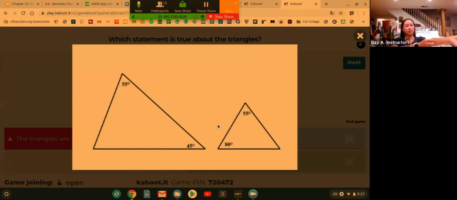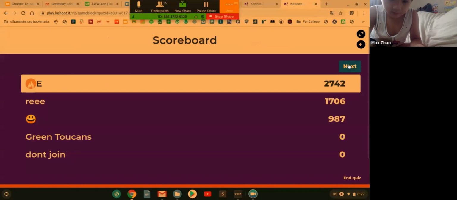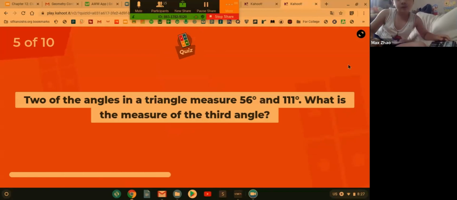However, if you look at the two triangles, you can see that the angles are the same, but the sides are completely different. So then the triangles would be 180 minus these two, the sum of.